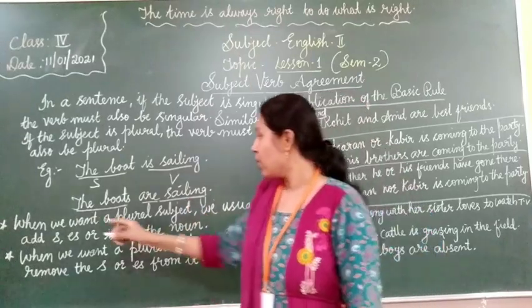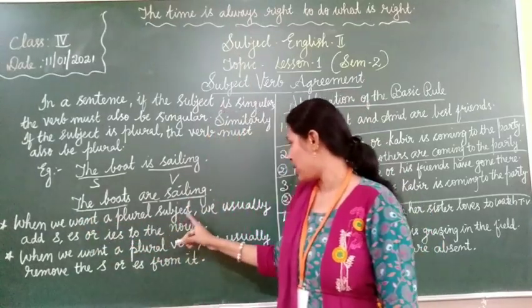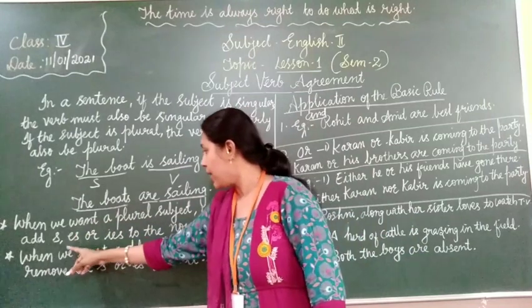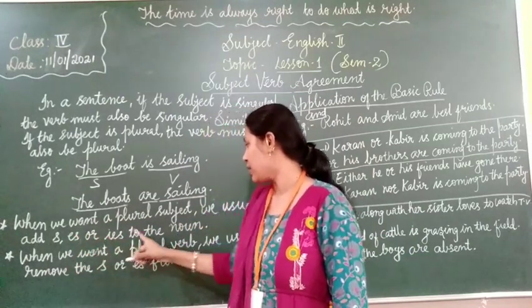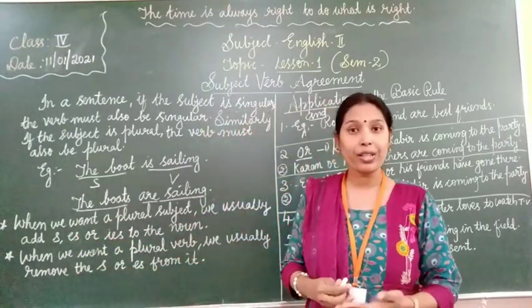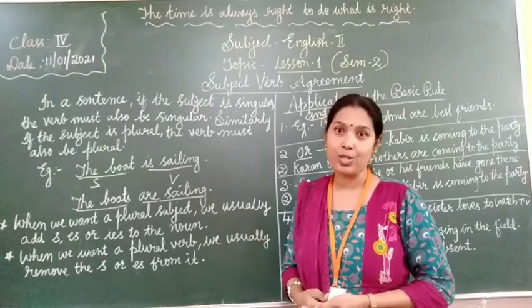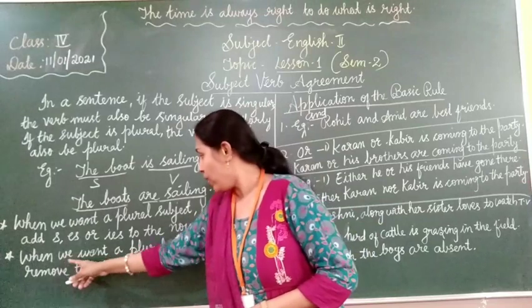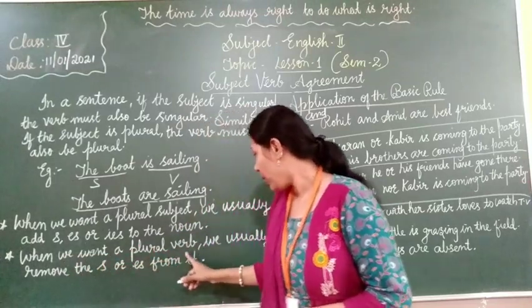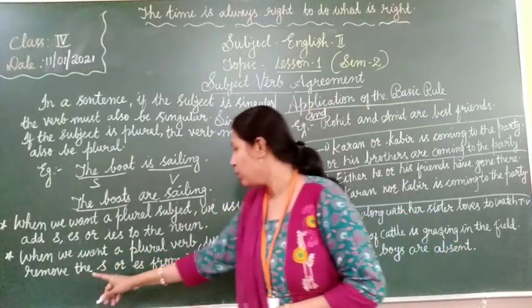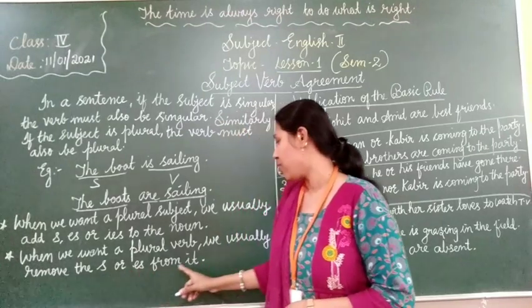Next, when we want a plural subject, we usually add s, es or ies to the noun. And when we want a plural verb, we usually remove s or es from it.